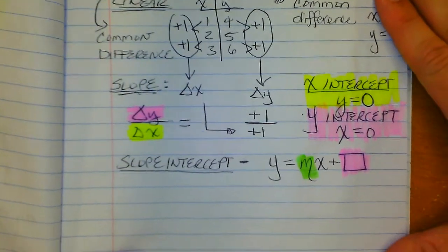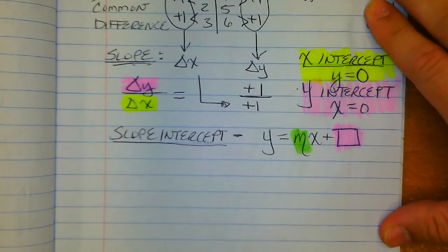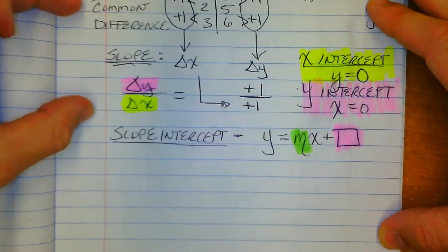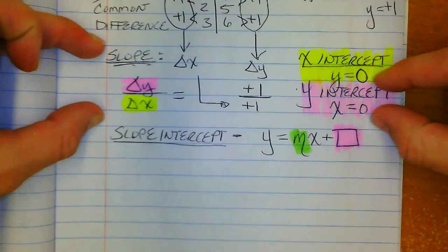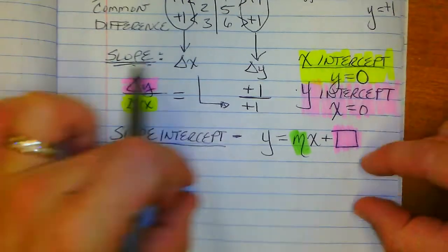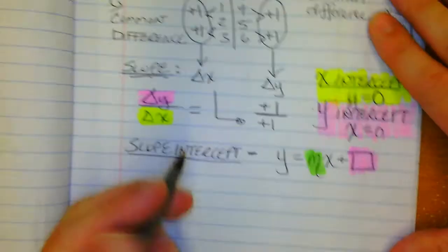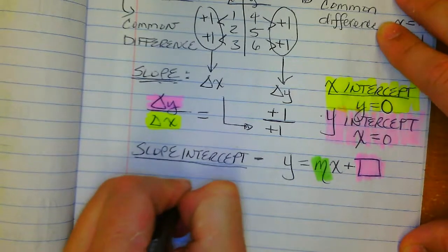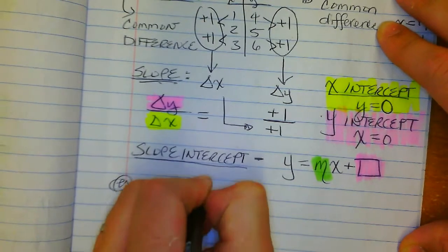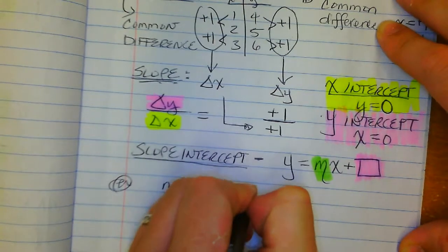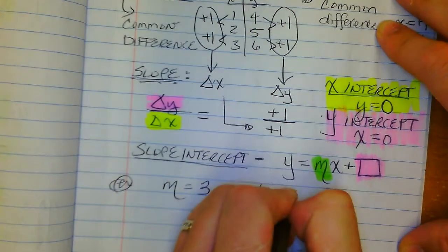Okay. So basically today, they're going to give you these two pieces. They're going to give you slope, and they're going to give you an intercept. And they're going to ask you, okay, write the equation from those two pieces. So they could say, hey, you have a slope of 3 and a y-intercept at -2.